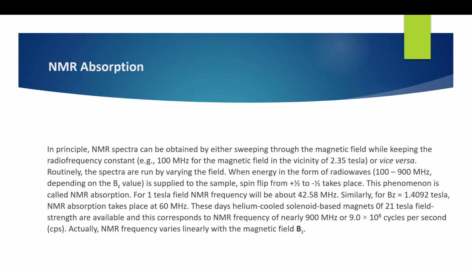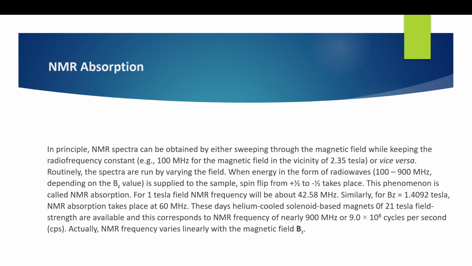NMR absorption. In principle, NMR spectra can be obtained by either sweeping through the magnetic field while keeping the radio frequency constant, for example 100 megahertz for a magnetic field of 2.35 Tesla, or vice versa. Routinely, the spectra are run by varying the field because technically it is easier.